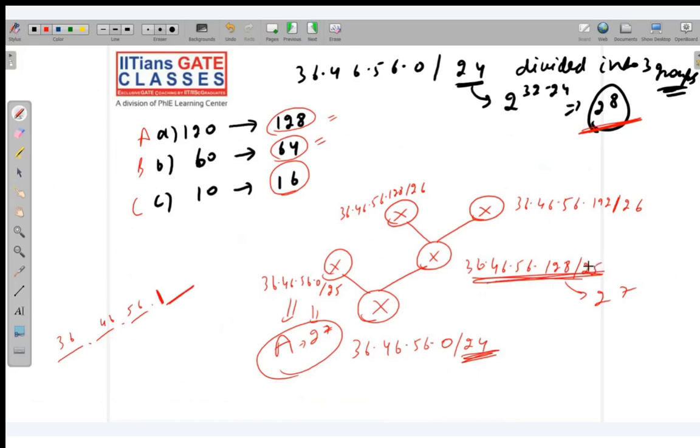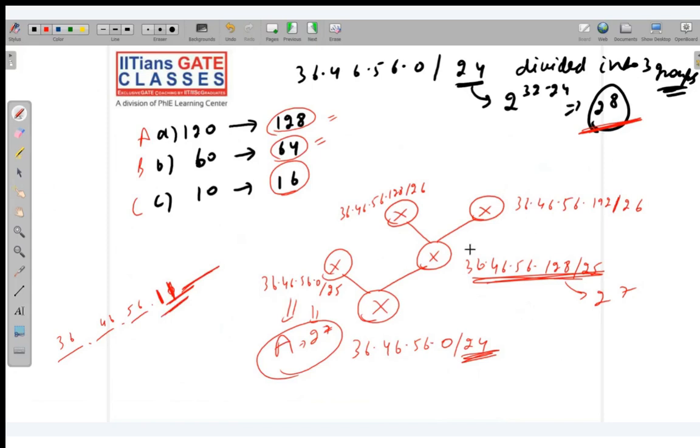Now one bit again you have borrowed. If you put 0 here, it will be 128 itself, that is /26. Now if you put 1 here, after that we have 6 zeros. So the first two bits are 1 and 0... that is, 128 plus 64, which is 192. That's why 192. Any doubt here? Understood, sir. Nice, sir.